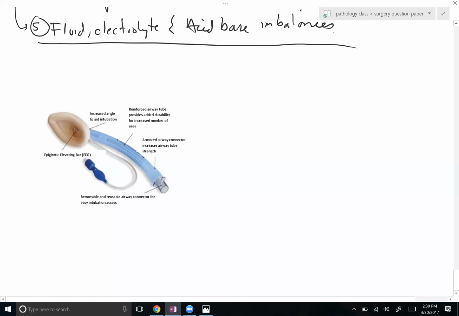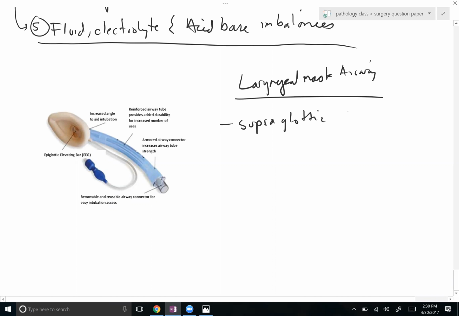Next question is laryngeal mask airway. When we are studying the laryngeal mask airway, this is a supraglottic airway. It has a tube, or we can also call it a shaft.